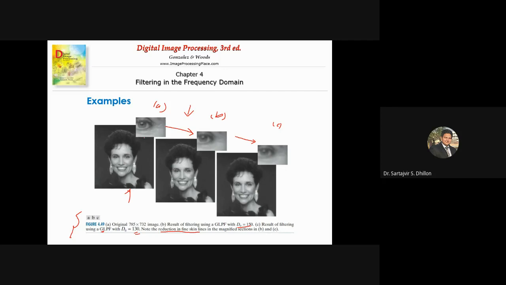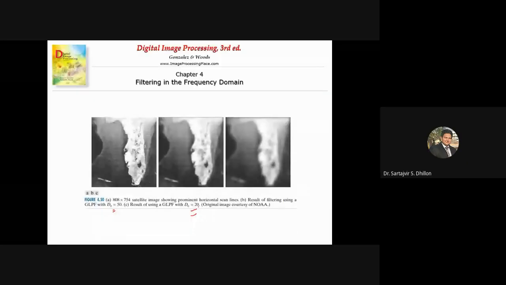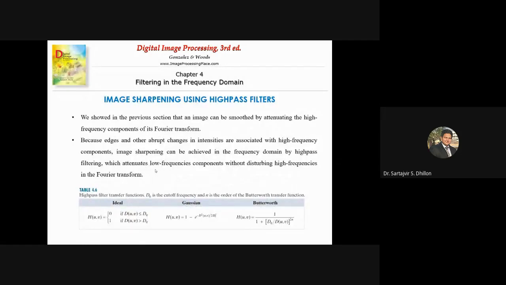Then at 20, it has been decreased further.